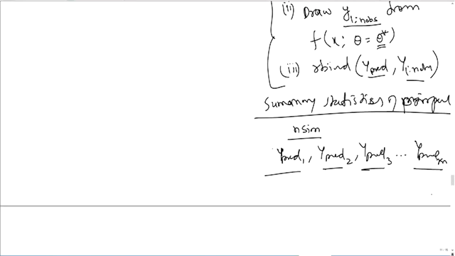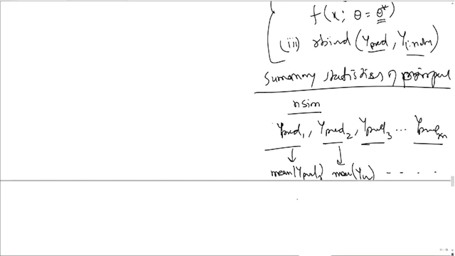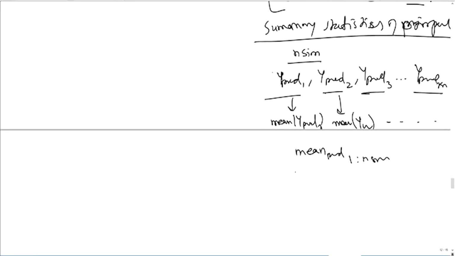For each prior predictive sample you can calculate its mean: the mean of ypred1, similarly the mean of ypred2, ypred3, and so on. Now you will have n sim number of means, from 1 to n sim. Now you can draw a histogram of these means, which might look like this.